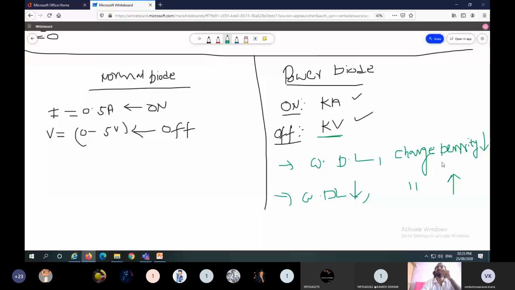If the charge density is very low, the device offers very high resistance or high impedance, and that means more losses across the switch. So during on state the charge density must be high, and during off state the charge density must be low and the depletion layer width must be high. Then only it can block a very high amount of voltage.